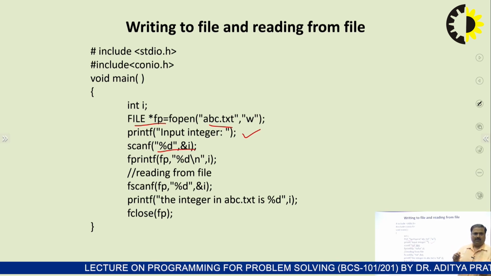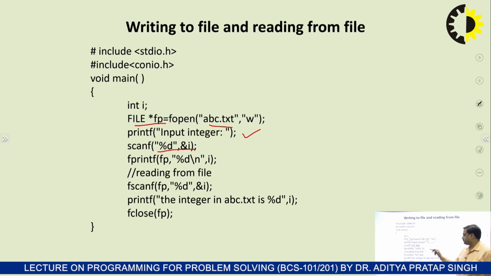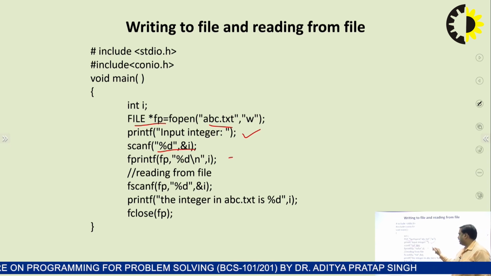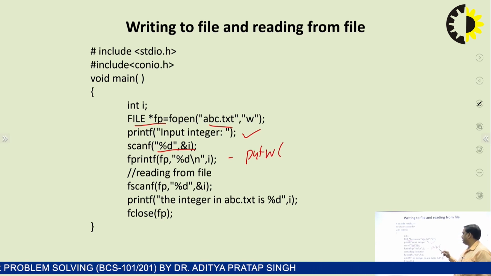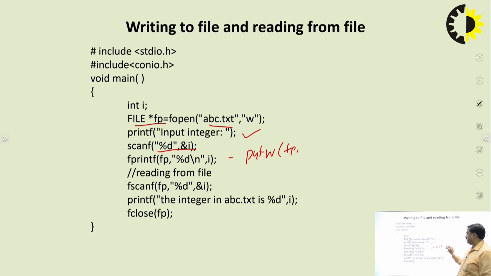We can do this using the putw function also. putw is for writing to the file. We can use it like fp comma the integer we have taken.